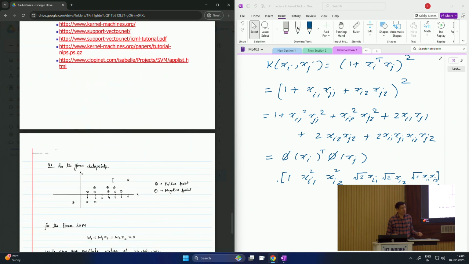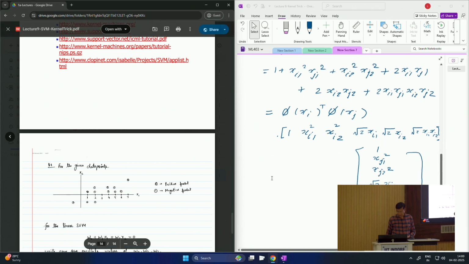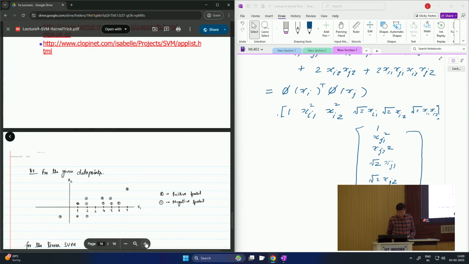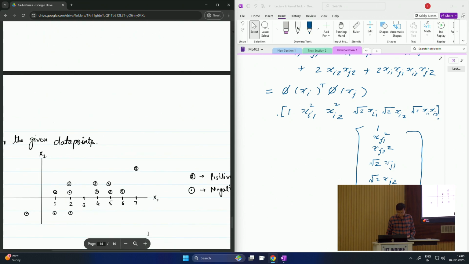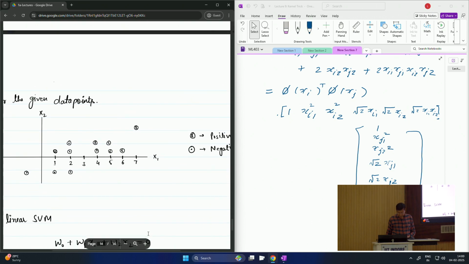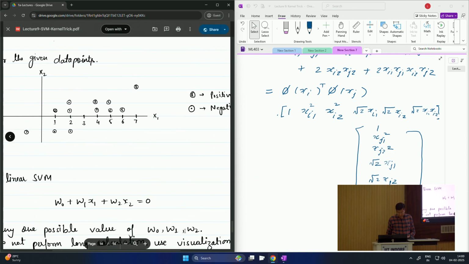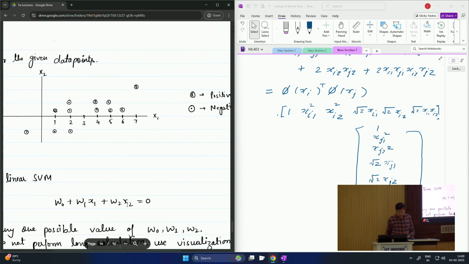This is a very trivial problem. Then we'll go to the more serious problem. Given these data points, you have to find the ideal hyperplane if the linear SVM is of this form.